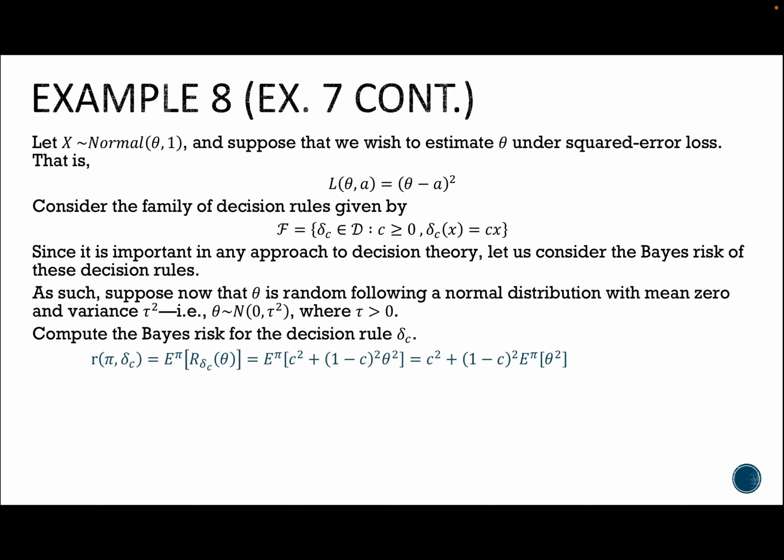And so essentially what we need to compute is the second moment of theta. Since the mean of theta is 0, then the second moment is the same as the variance. So here is the Bayes risk using that prior distribution.